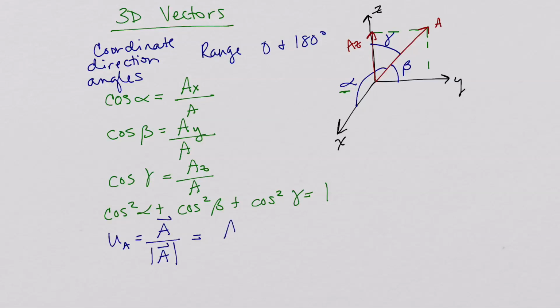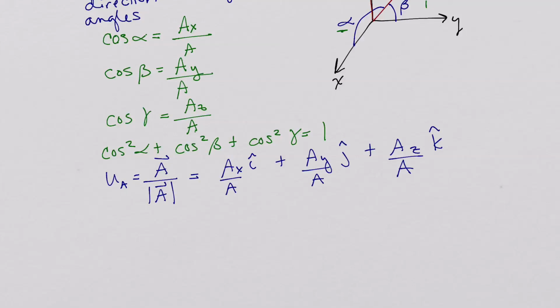So A is AXI plus AYJ plus AZK, and we need to divide it by that magnitude of A. So divided by A, and divided by A. Or you could say the unit vector of A equals cosine alpha I plus cosine beta J plus cosine gamma K.